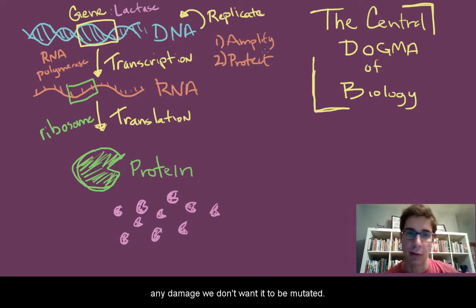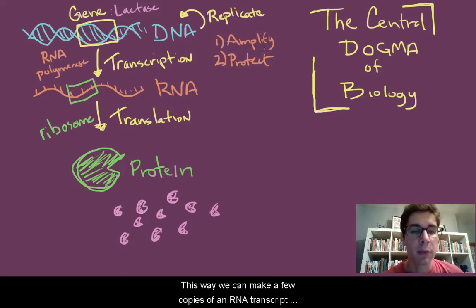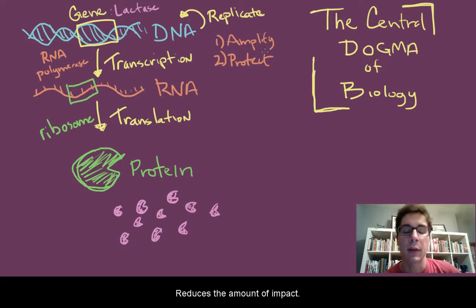We don't want our DNA damaged. We don't want it to be mutated. And so this way we can make a few copies of an RNA transcript, and then that RNA can get processed many, many times to make lots of enzymes. So it reduces the amount of impact of damage to the DNA.